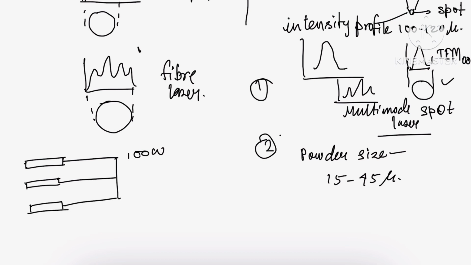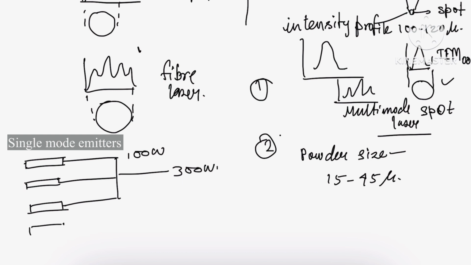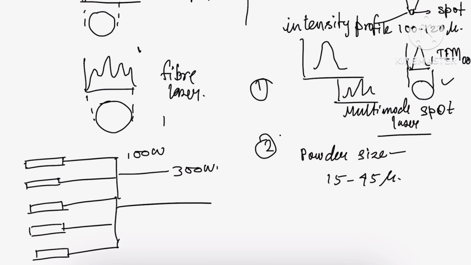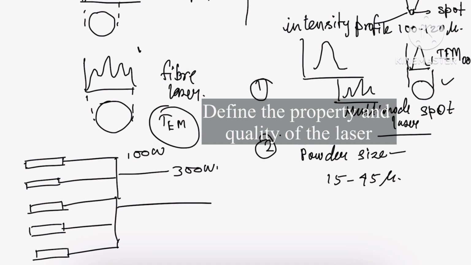For diode laser, the physics is much more complex. I'm not going into that part. But for fiber laser as well, you have to go for more coupling that will deteriorate the quality of the laser. So this TEM mode is something by which we characterize a laser. We define the property and the quality of the laser.